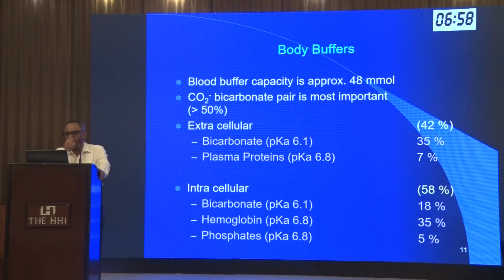Now, this is important. As I told you, 42% of the body buffers and acid-base regulation occurs in the extracellular fluid, and 58% occurs in the intracellular fluid. There is influx and outflux of disodium hydrogen phosphate and sodium dihydrogen phosphate. The proximal and the distal loop of Henle, remember our physiology days, regulates 0.1% of the hydrogen ion through the kidney.